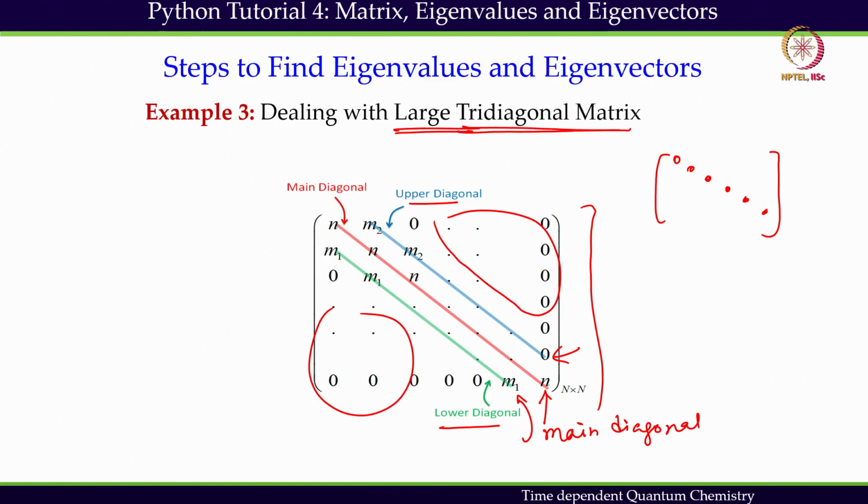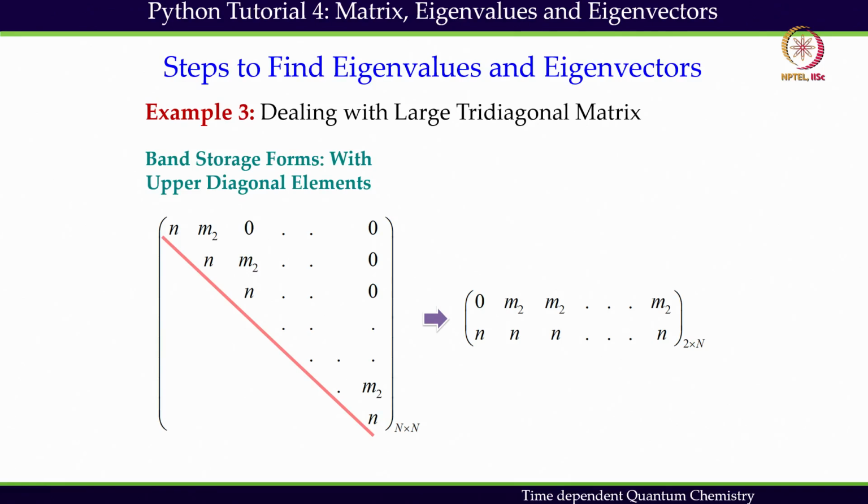A tridiagonal matrix is also called a band diagonal matrix, because its only non-zero elements are confined to a diagonal band. One can think of a band like this, and all non-zero elements are confined within this band, and that is why it is also called a band diagonal matrix.